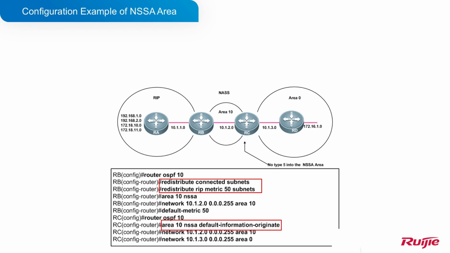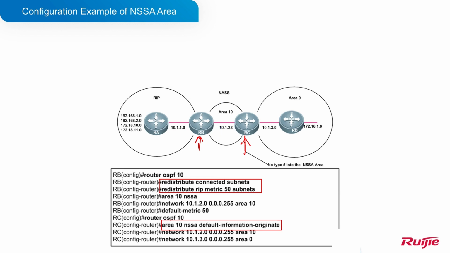Then we can see how to configure the NSSA area. Now we want to set area 10 to become an NSSA area, right? And for this topology, the RB device and the RC device belong to the NSSA area, right?